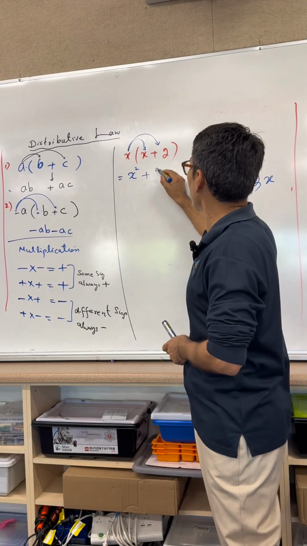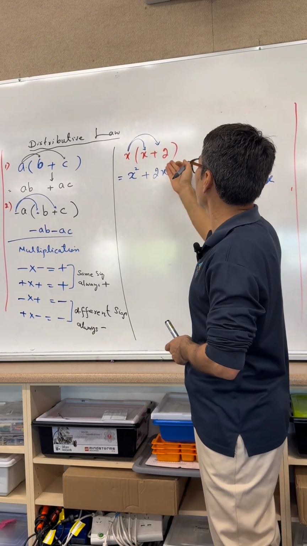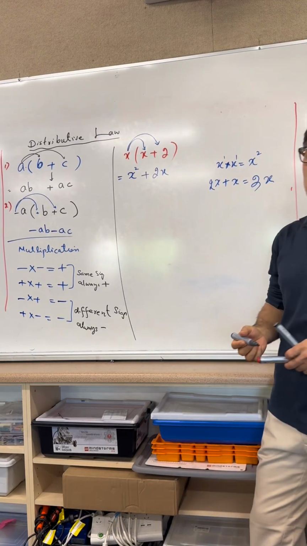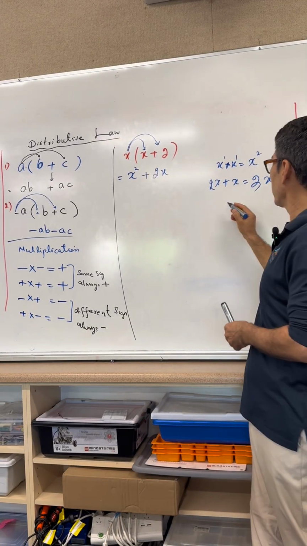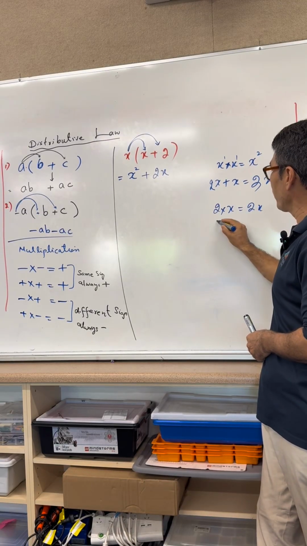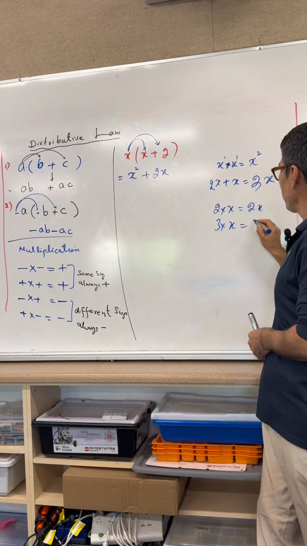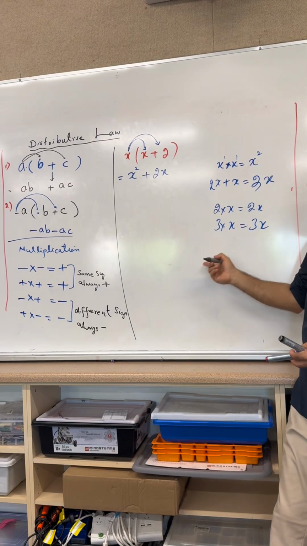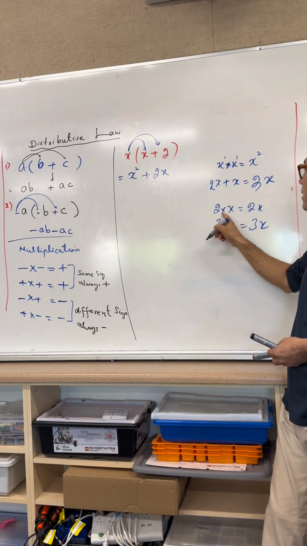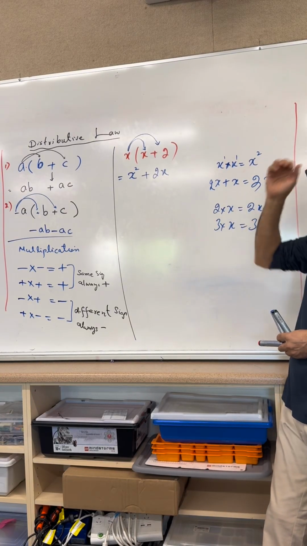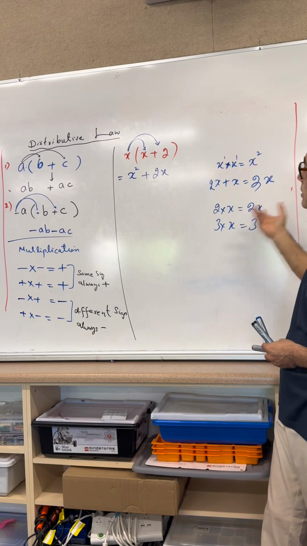We do not add powers because there is only one x here. It's just like 2 times x is equal to 2x. If you have 3 times x, that makes 3x. A constant times a variable will not change anything, you just write it down as it is.